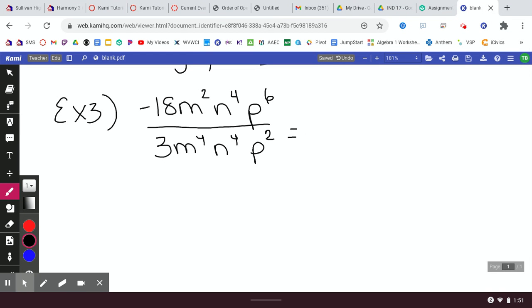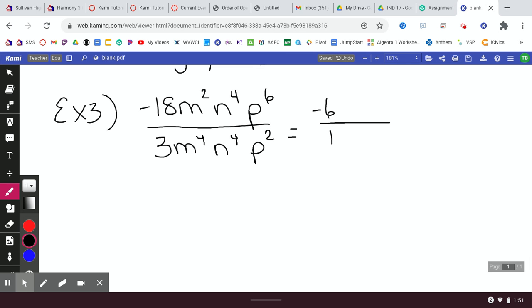All right. Again, I'm going to give myself the line, and then I'm just going to write in line. I'm going to do numbers, then I'm going to do all my variables. So just looking at the number, negative 18 over 3, how does that reduce? Negative 6, and you can put over 1 if it helps you in your head, but you don't have to. Okay?